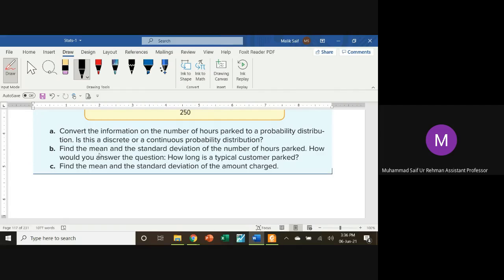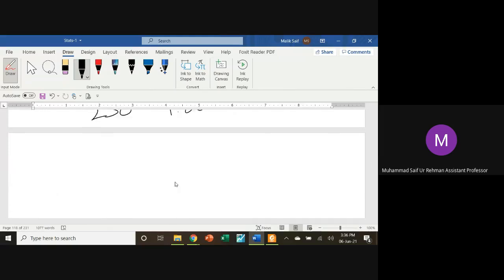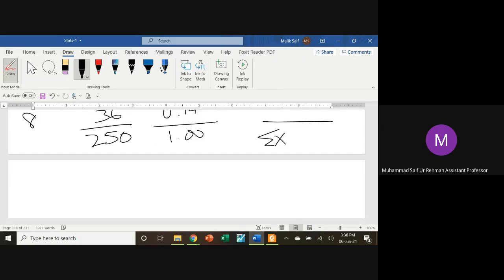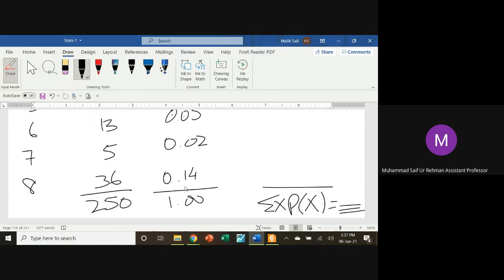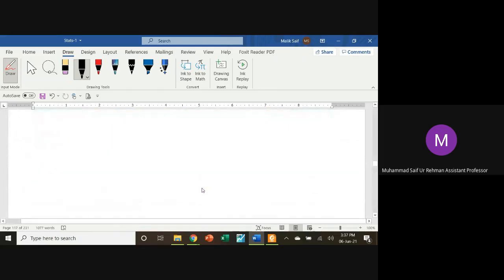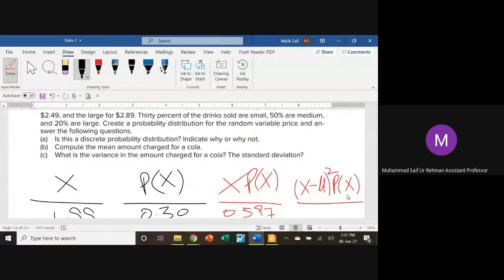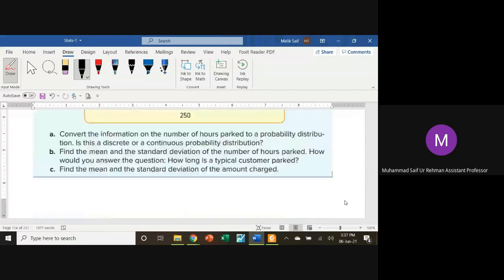To find the mean, multiply x by P(x) and sum it up. Whatever answer you get from the summation of x P(x) will be your answer. Similarly, for variance, you will write the formula: (x minus mu) whole squared times P(x). So you will have a column for this term.